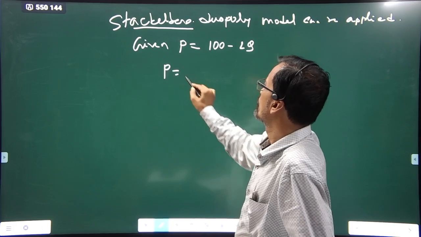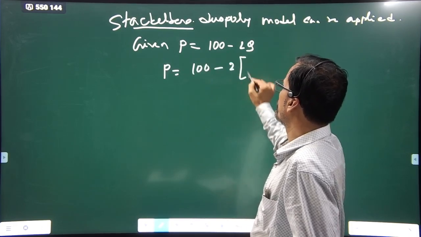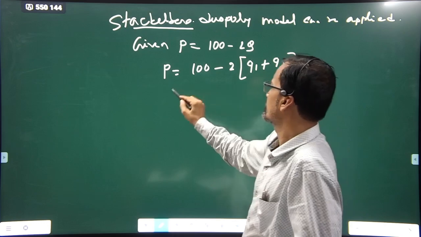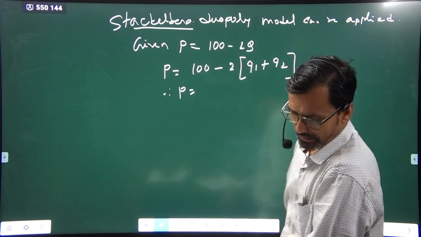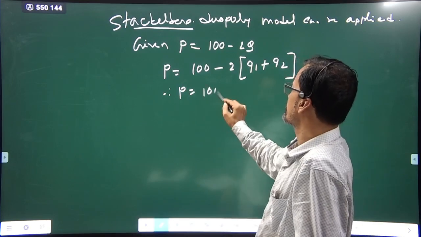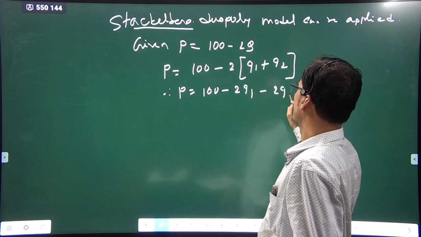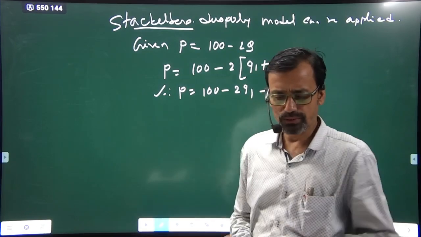By putting the value of Q, that is Q1 plus Q2, you ultimately get P is equal to 100 minus 2Q1 minus 2Q2. So, this is the price.